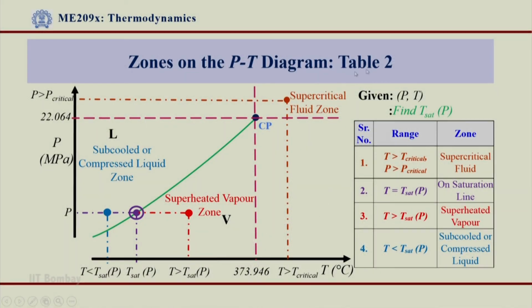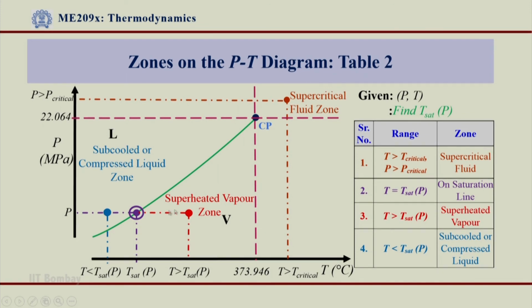This is table 2 and we are comparing T with T sat P, and this is the third condition. If the temperature, which in our case is 150 degree centigrade, and T sat P is 99.606, we know that 150 degree centigrade is more than 99, and therefore we are in the superheated vapor zone.